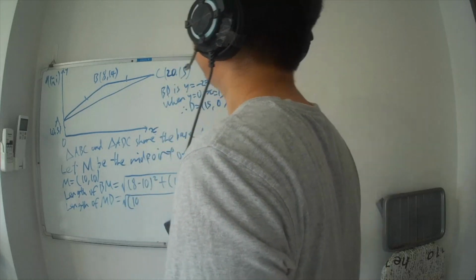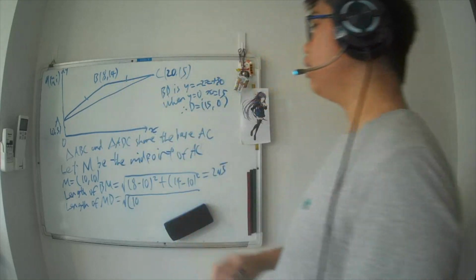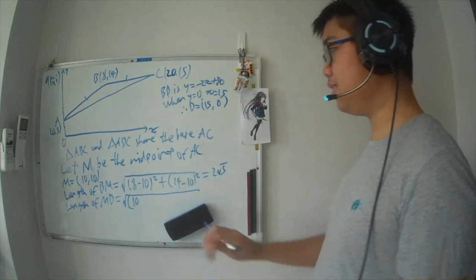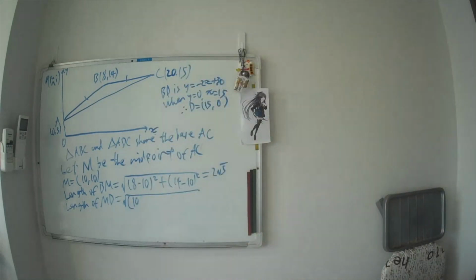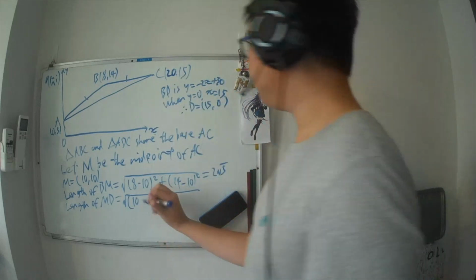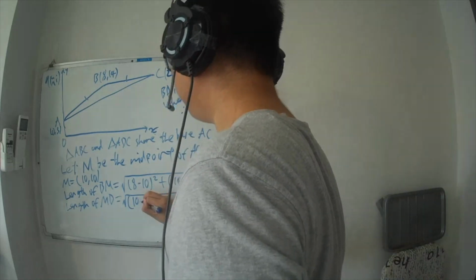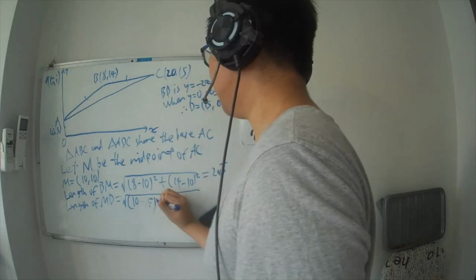Okay, so we know that D is somewhere here. So let's do this. 10 minus 15 square.